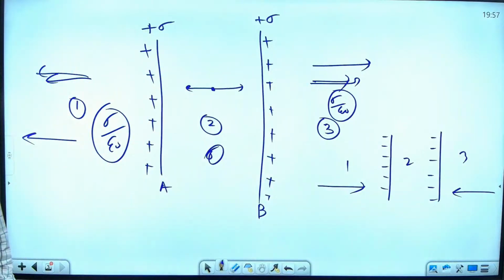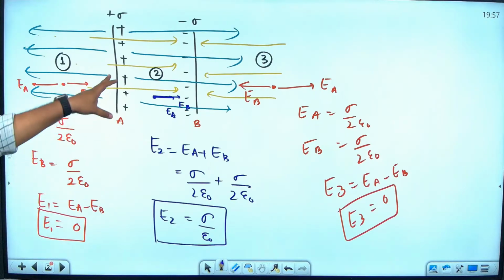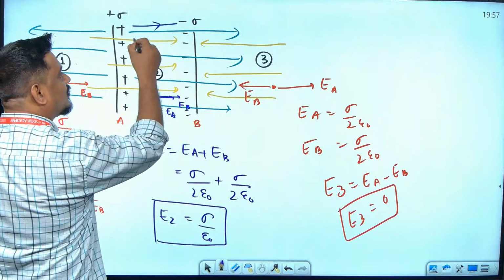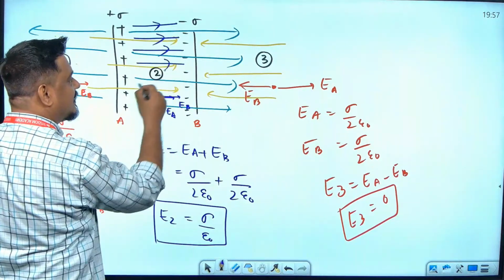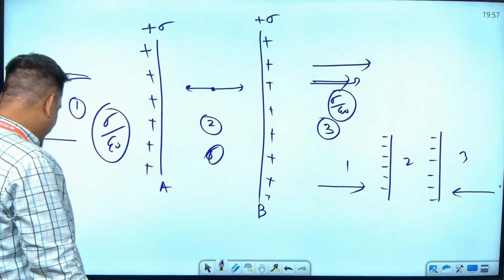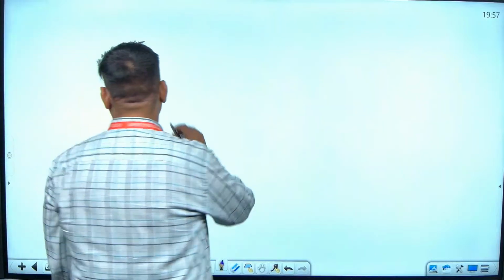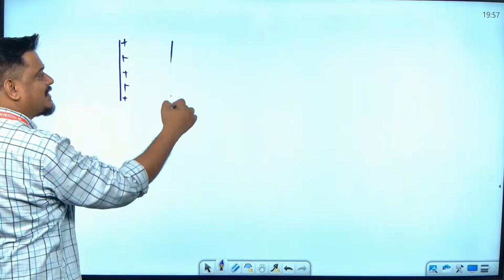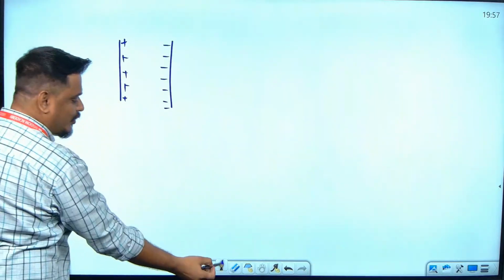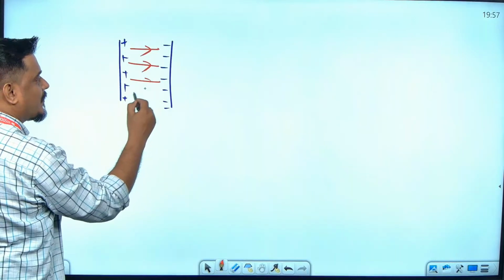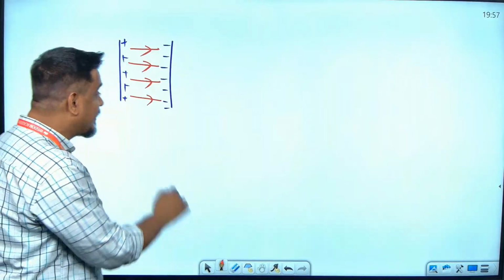Do you agree with me? And in the derivation that we made in the class, electric field is sigma by epsilon, in which direction? From positive to negative, isn't it? It means that if you have one positively charged plate and another negatively charged plate, then the electric field is going to be like this. And what will be its value?